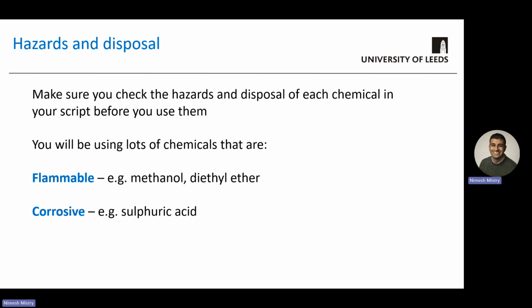So there's a significant hazard associated with using these solvents. Diethyl ether in particular, you'll be using large quantities, and it has very flammable vapors, and then also you're going to be using Bunsen burners to do your distillations.